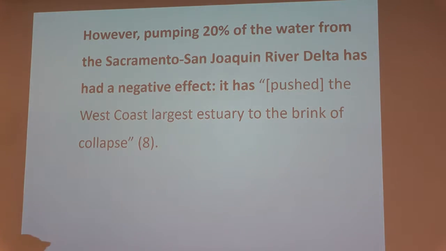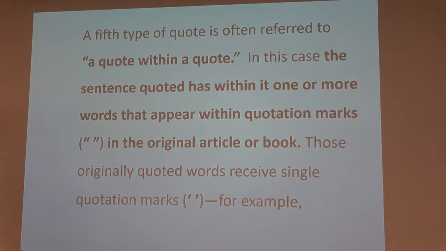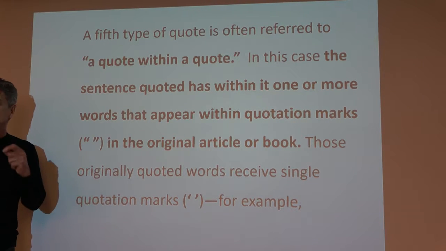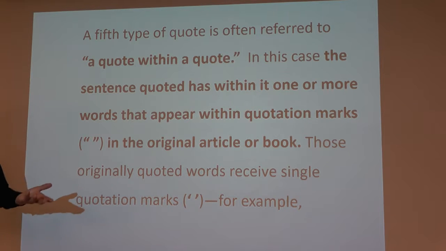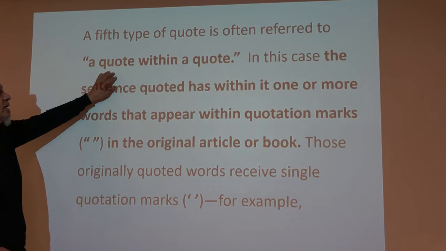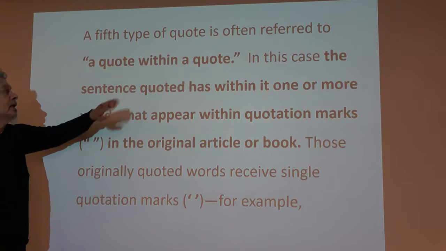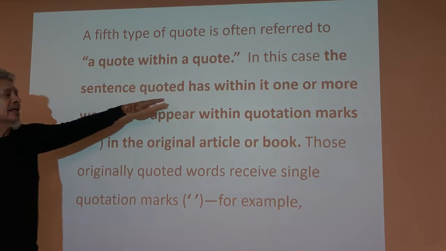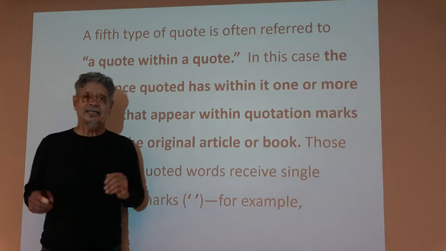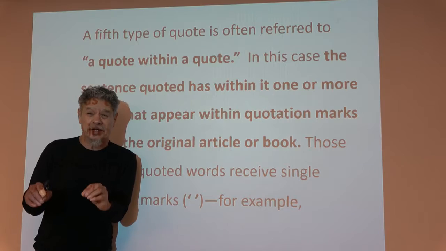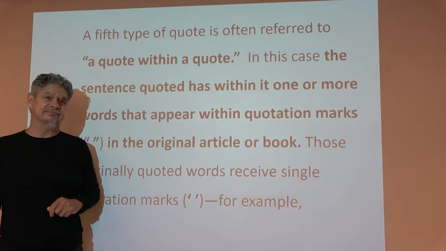All right, so now the last type of quotation. This one is maybe a little confusing, I'm not sure, okay? But we usually call it a quote within a quote. In these quotations, you are quoting a sentence from the article that has words that have quotation marks.